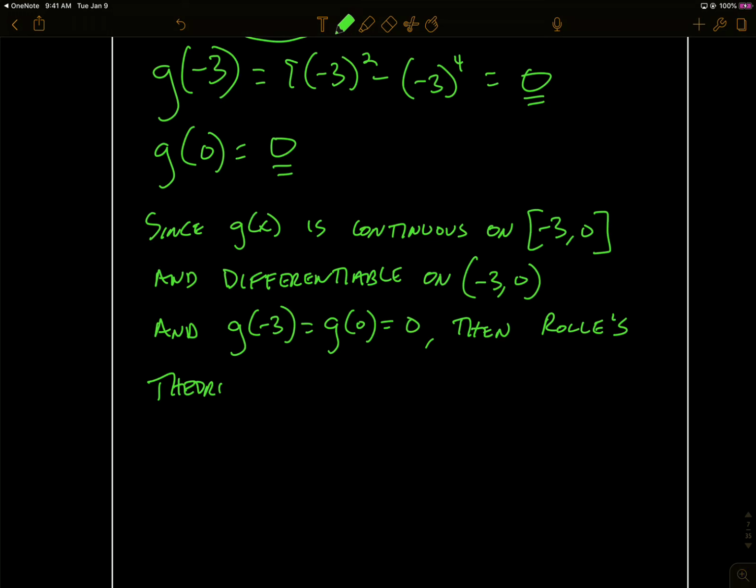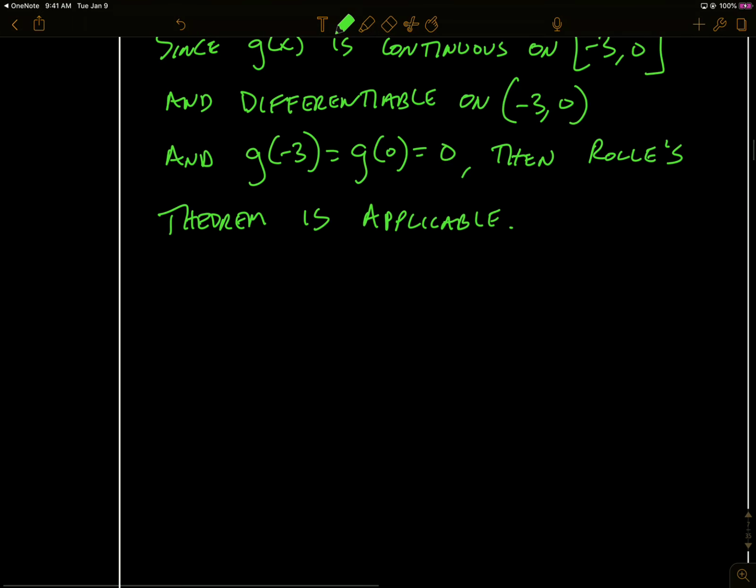That's all the theorem says. It states that there is an x value on this interval for which the derivative will be equal to 0. Okay, so now they want us to find what that value is. So I'm going to find the derivative at c equal to 0.